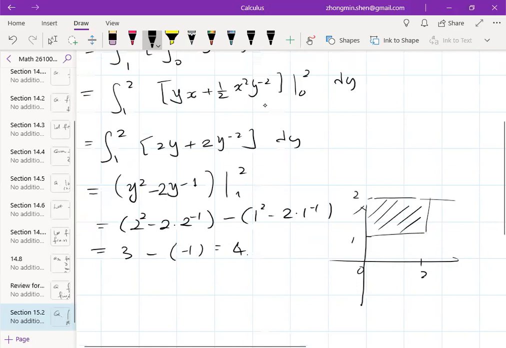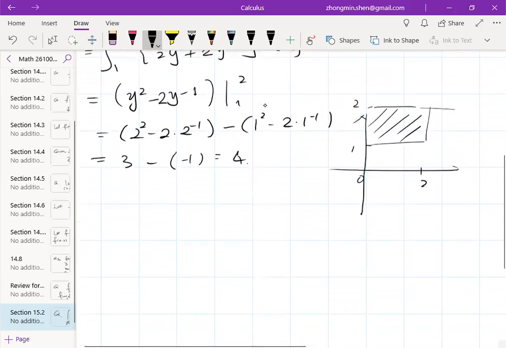We define the double integral over rectangular regions, closed rectangular regions. As long as the function is continuous, then we can apply Fubini's theorem to evaluate the integral.